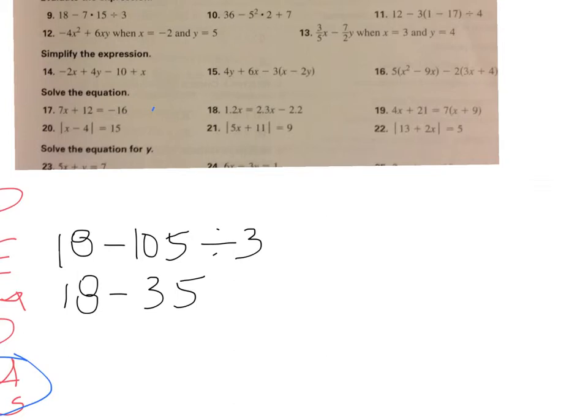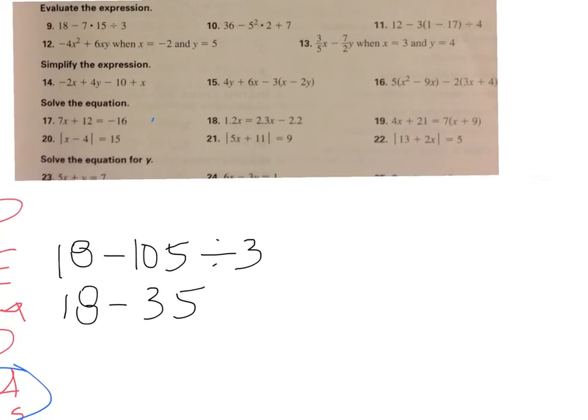Let's do it with red. Number 12. The question is: evaluate the expression. They give me the value of x and the value of y. So I need to replace the x over here and the y and the x over here.